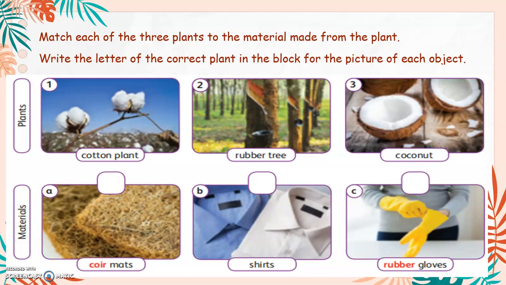From number 1, you can see cotton plants. What materials can you make from cotton plants? Yes, serge. Good job. You can write the number 1 here. Okay, and then number 2, rubber tree.